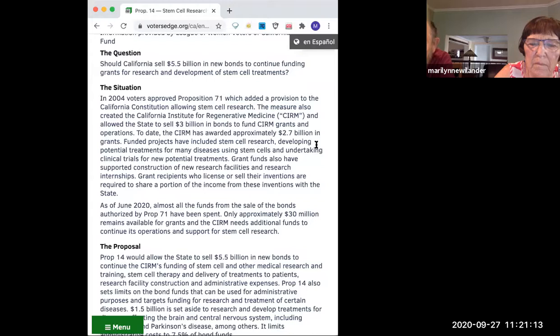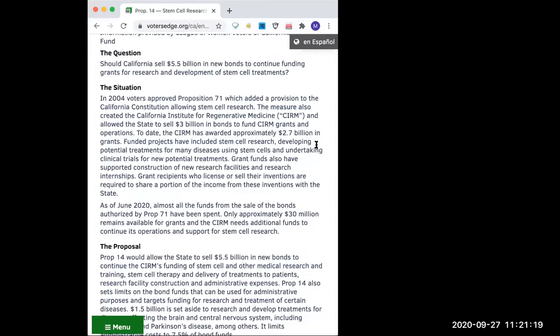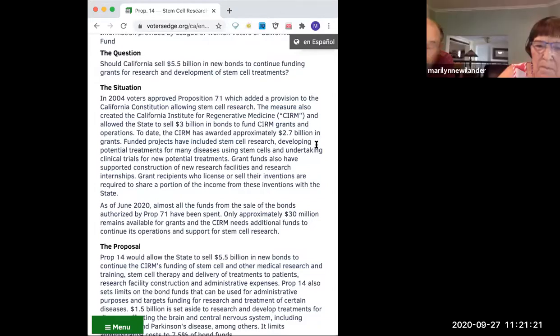Grants have also supported construction of new research facilities on these campuses and research internships. However, it's now June 2020, and they've used up all but the last $30 million of that money, which is 1% of the money. 99% of it is already gone.